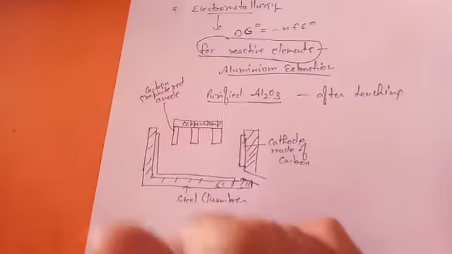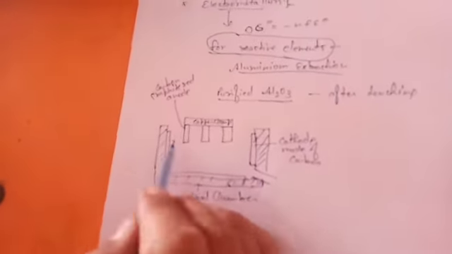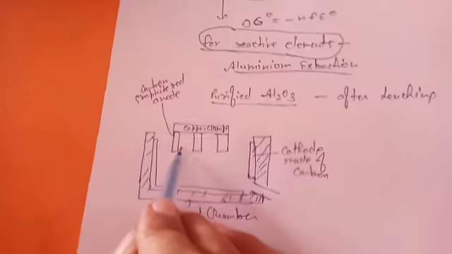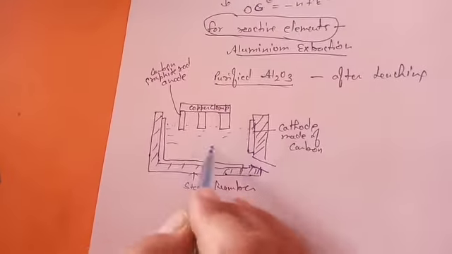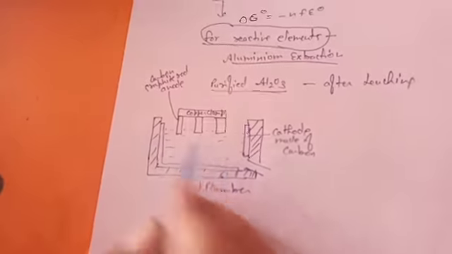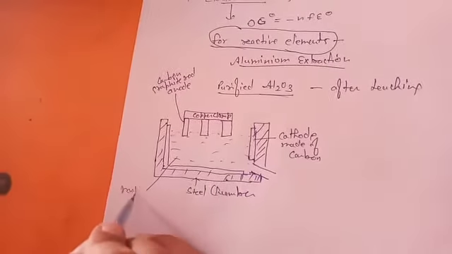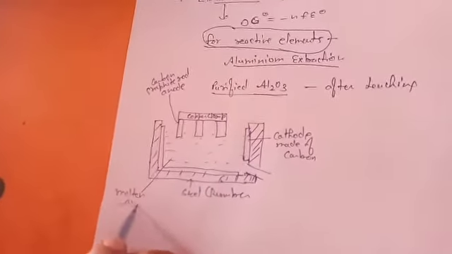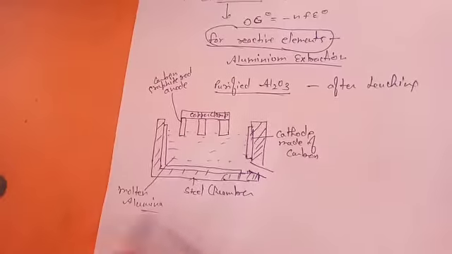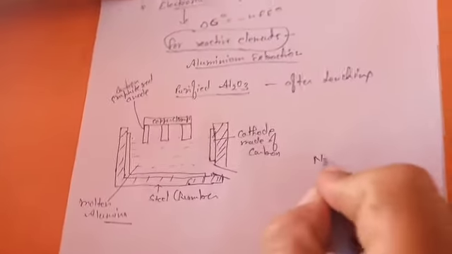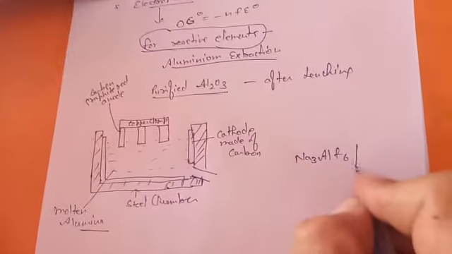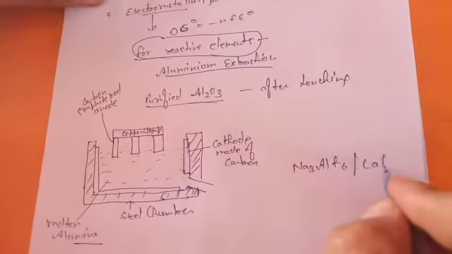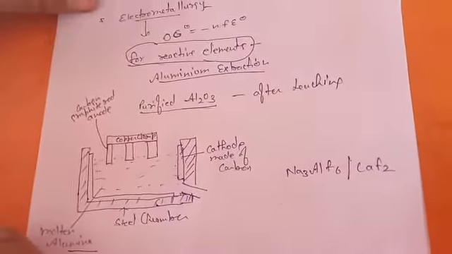Next, we put molten alumina in this chamber. Then we mix in some cryolite, or you can use calcium fluoride as well.